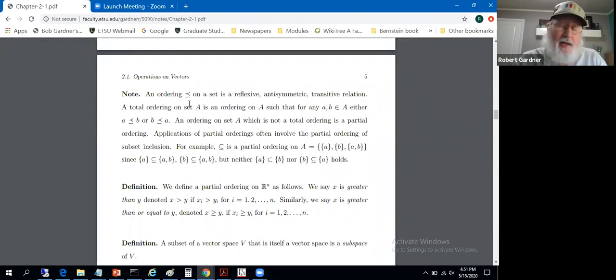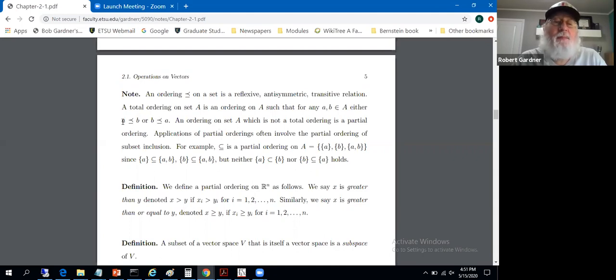It's stuff, if you're a graduate student, I know you've seen this before. An ordering, denoted with this little symbol here, it's like a curvy less than or equal to. An ordering on a set is a relation that's reflexive, transitive, and anti-symmetric. By anti-symmetric, I mean, let me get this straight.